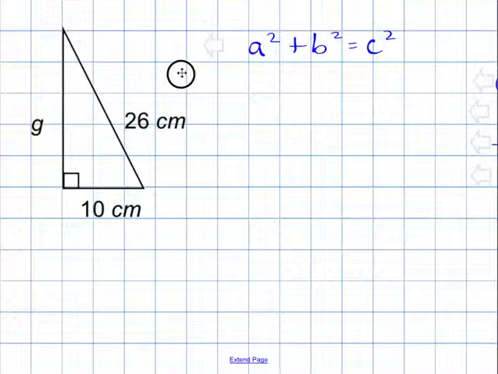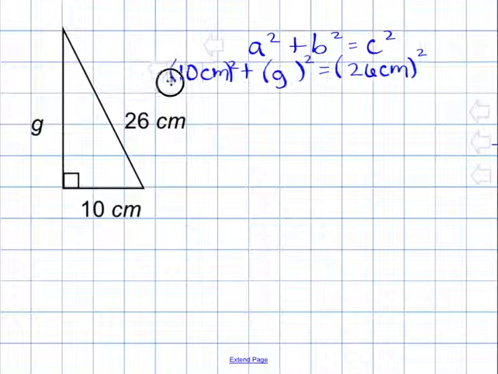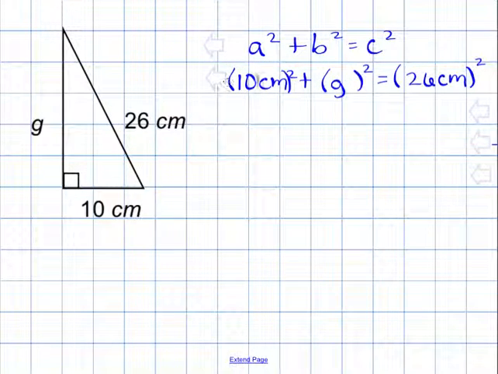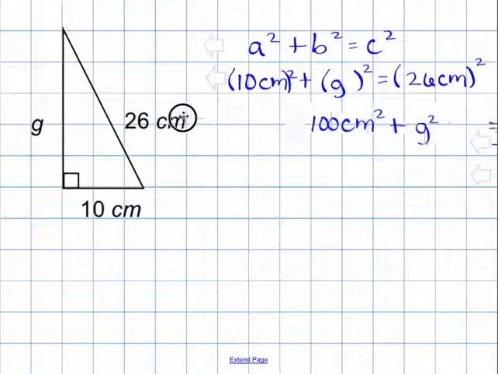We substitute in place of the given variables, and we recognize that 10 centimeters was that shortest side, so just out of habit I tend to substitute that in place of a. In place of b, I substituted a g, and in place of c, I substituted 26 centimeters.